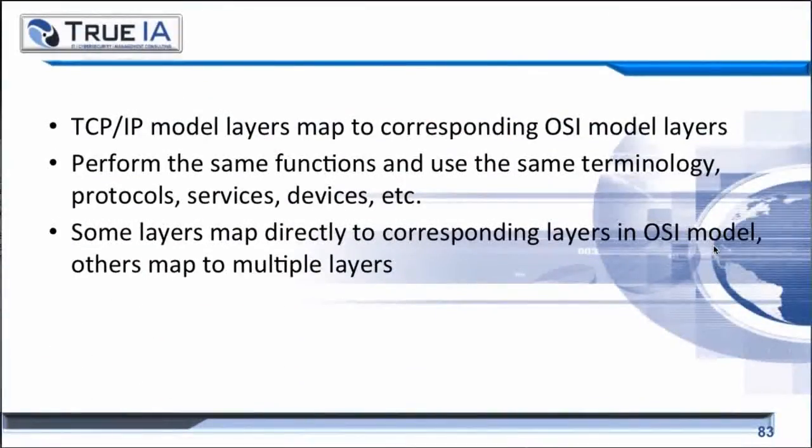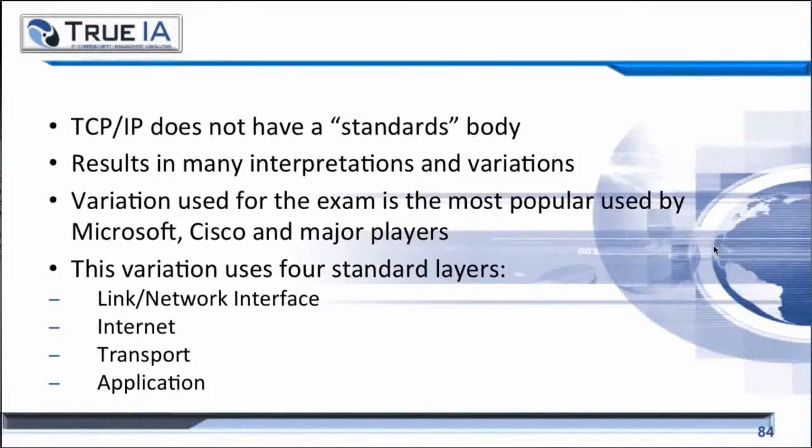The TCP/IP model layers map to the corresponding OSI model layers. They perform the same functions and use the same technology, protocols, services, and devices. Some layers map directly to the corresponding layers, while other ones have more of a correlation. So TCP/IP does not have a standards body like the OSI model does.